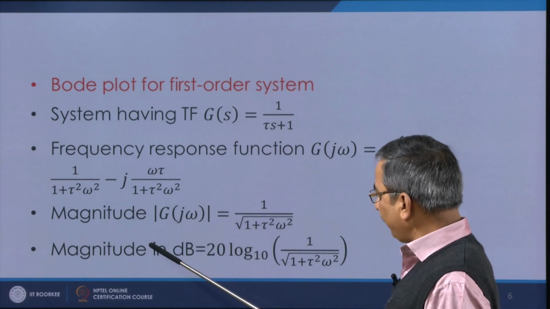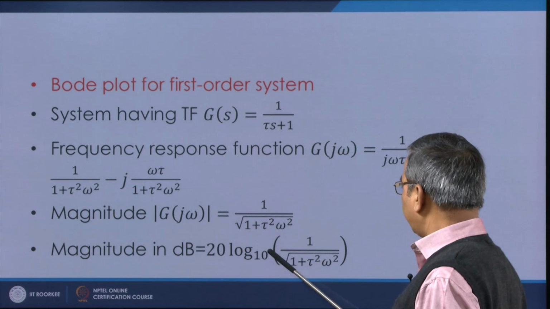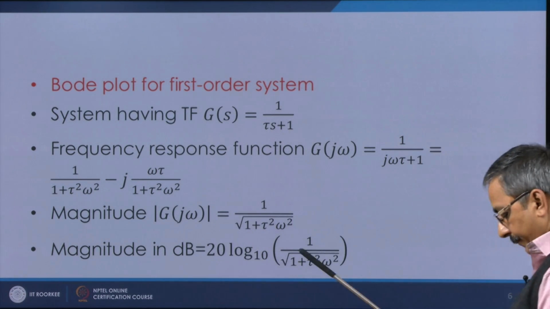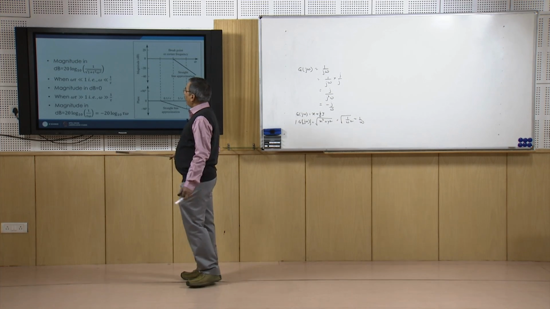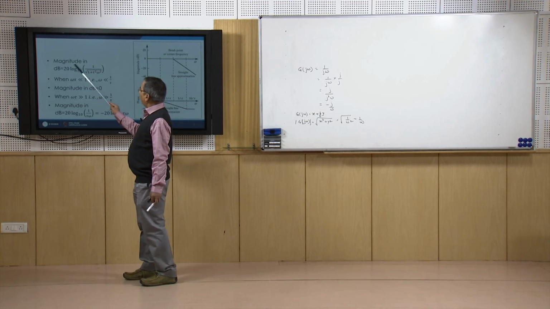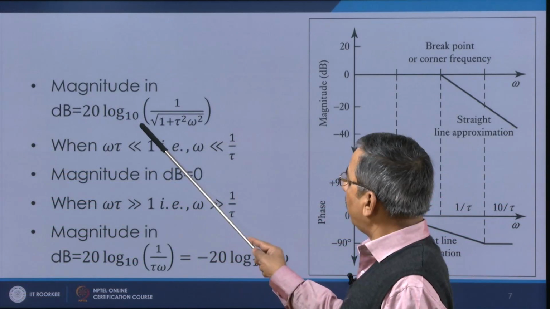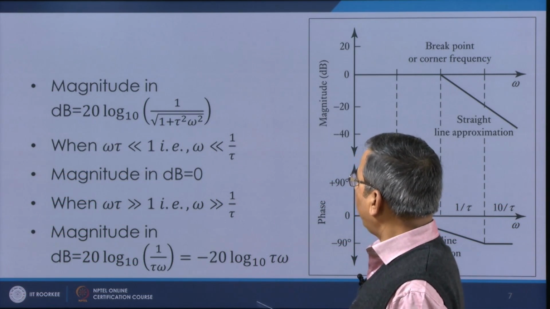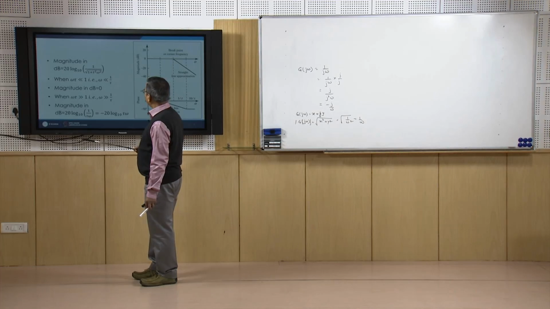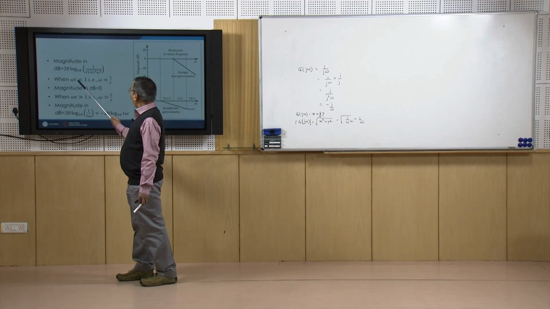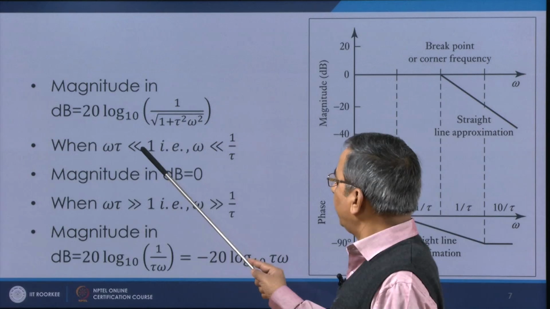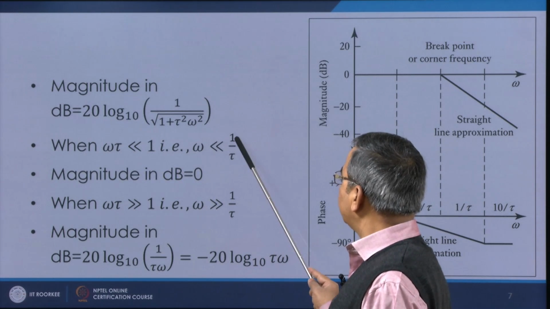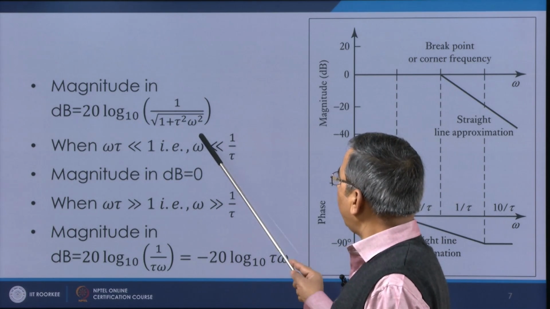Now, I can write this magnitude in decibels as 20 log 10 of 1 by under root 1 plus tau square omega square. Now, we can see that when omega tau is very much less than 1, or omega is very much less than 1 by tau, then what happens?